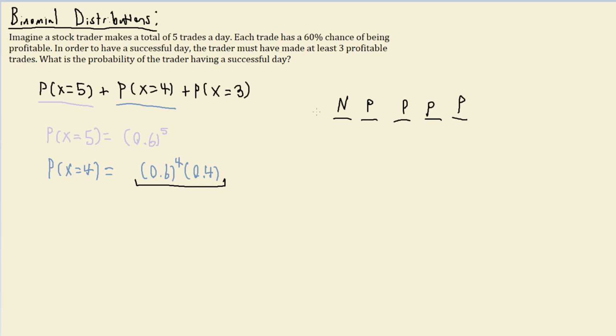It's exactly the same as taking 0.6 multiplied by 0.4 multiplied by 0.6 by 0.6 by 0.6. All of the probabilities of each of these outcomes are going to be equal, and equivalent to 0.6 to the power of 4. That is the probability of getting 4 successful or profitable trades, and this multiplied by 0.4 is the probability of 1 unprofitable trade.